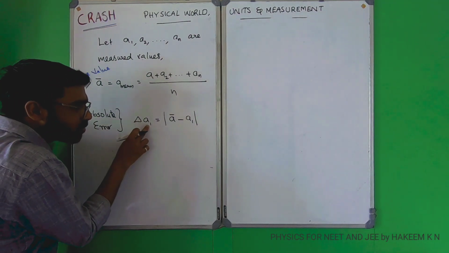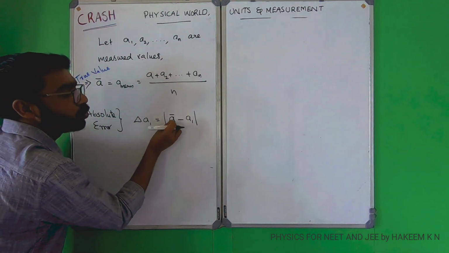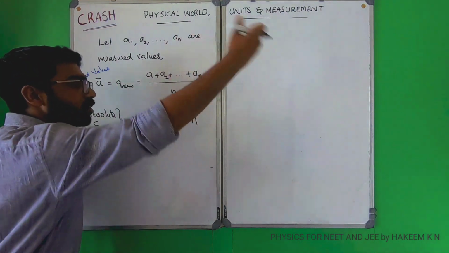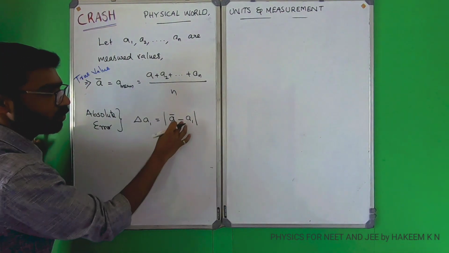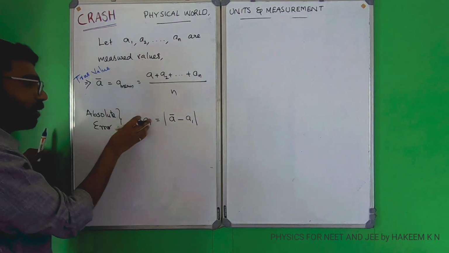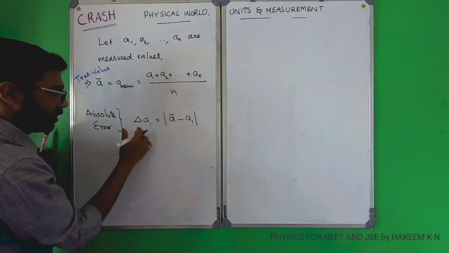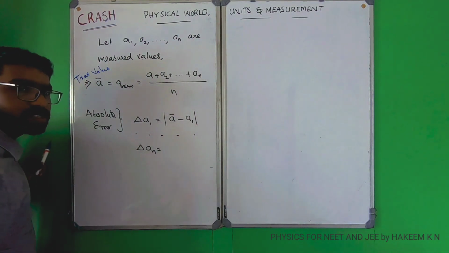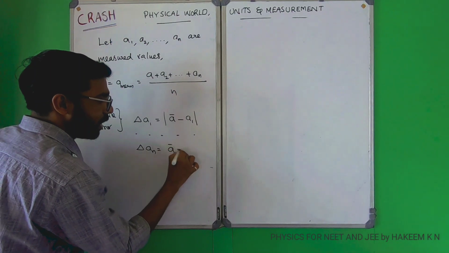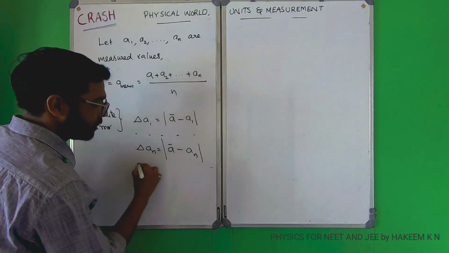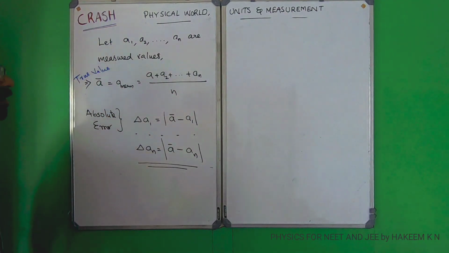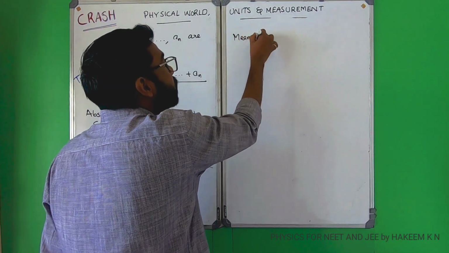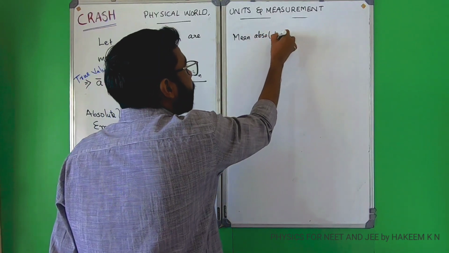Absolute error in the first measurement, delta A1, equals true value minus measured value. We need only its magnitude, as it may be greater than the true value or less than the true value A1. So we will take the absolute error, its magnitude only. Absolute error in the nth measurement, delta An, equals A bar minus An. This is the method to calculate absolute error.